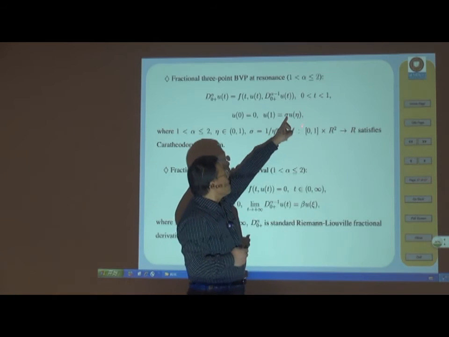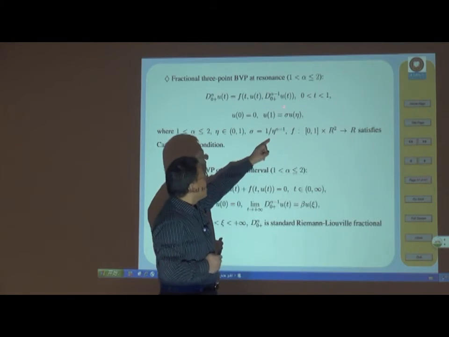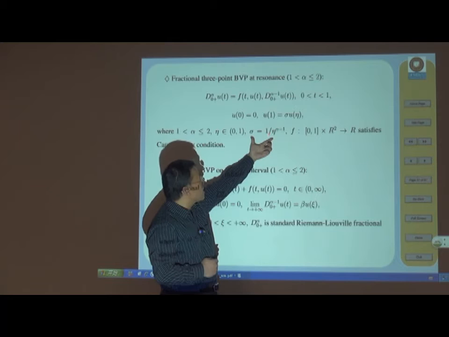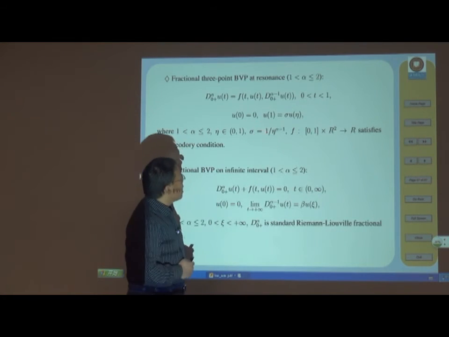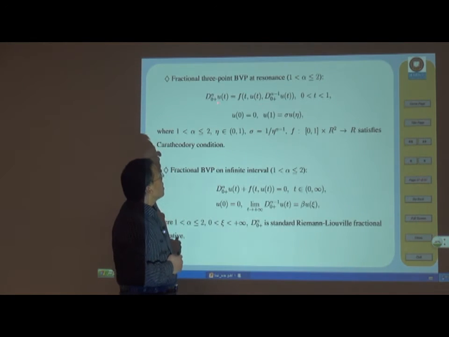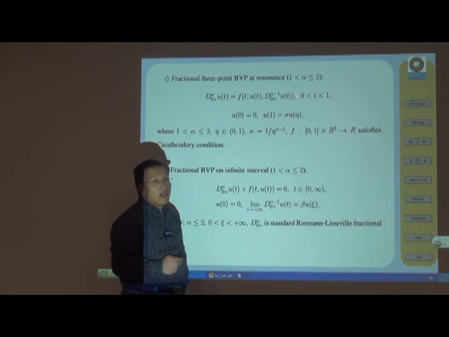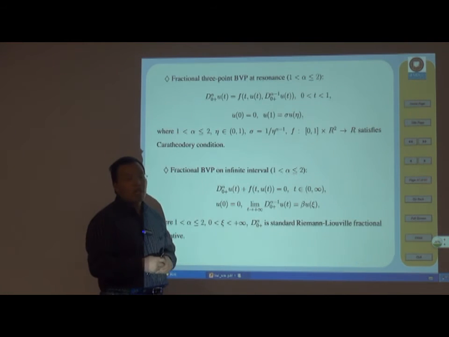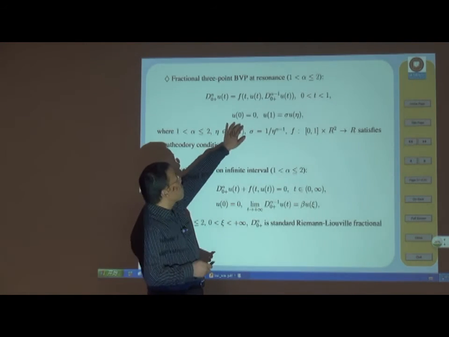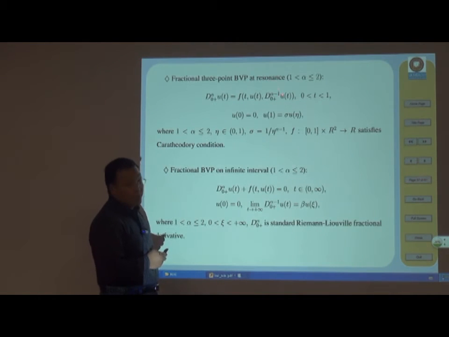Here, the constants theta and eta satisfy this equality. And in this condition, we call this problem at resonance. It means that when f equals 0, the corresponding linear problem has infinitely many solutions. So this problem is called a resonance problem.